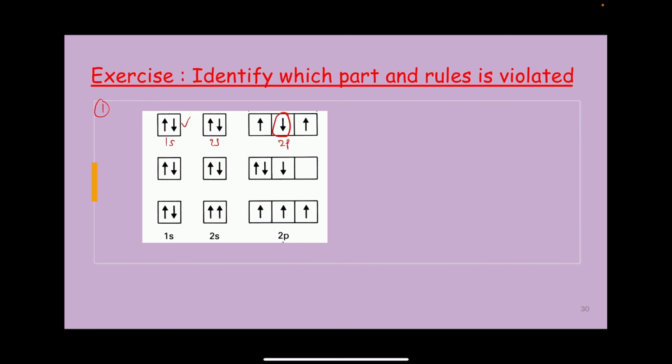So the first example violated Hund's rule. And then for the second example, 1s is correct, 2s is also correct, and 3s and 2p. In the 2p orbital, this also violated Hund's rule.